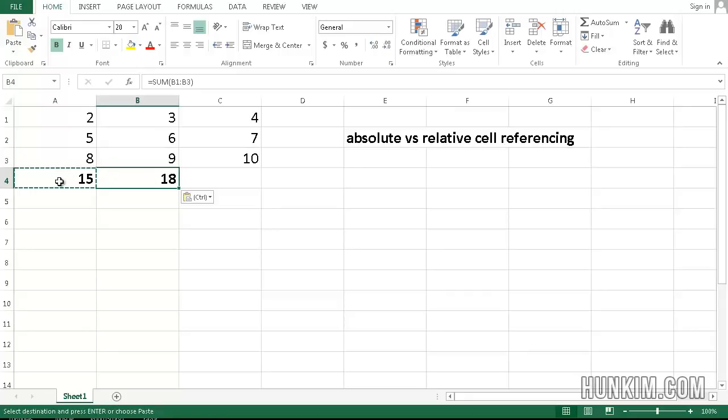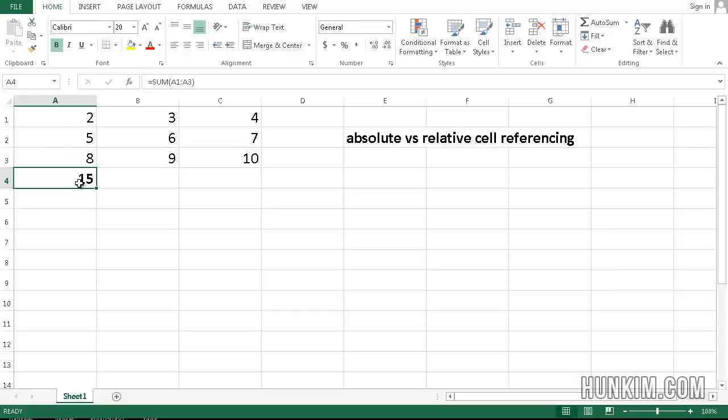So when we copy the formula and paste the formula here, we're pasting the pattern. We're not pasting the value, we're pasting the pattern. What was that pattern? So let me just delete this. The pattern happened to be that from this location here that I'm pasting, it's going to add up 3 numbers above it. 1, 2, 3. That's the pattern. A1 is here. A3 is here, so it's going to add up 3 numbers above it.